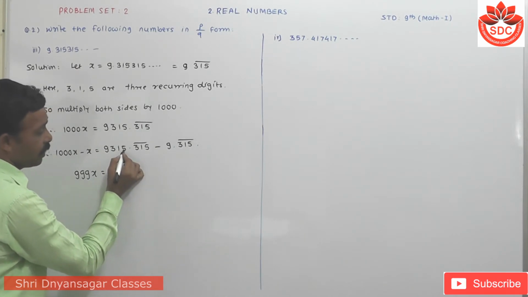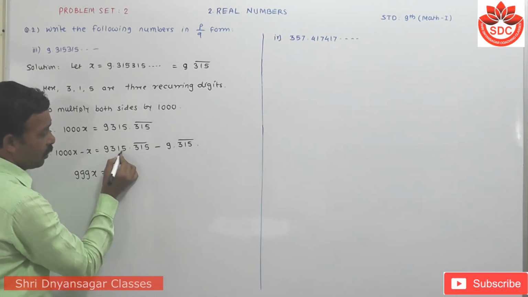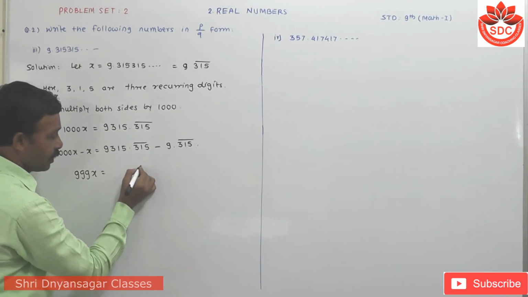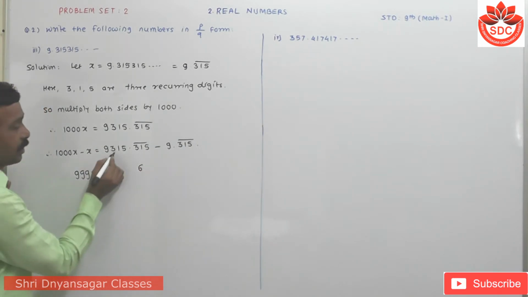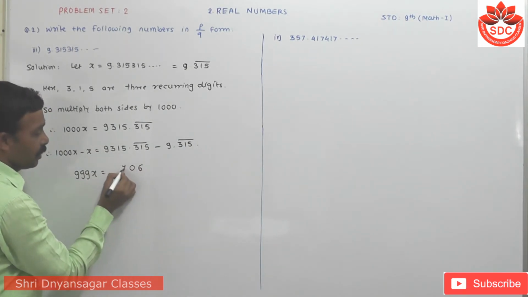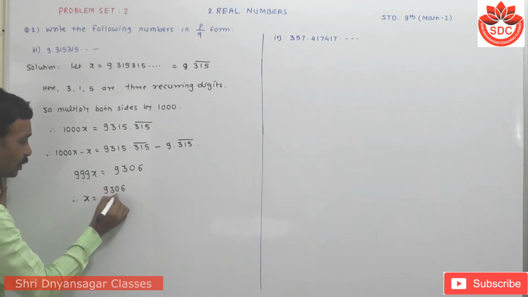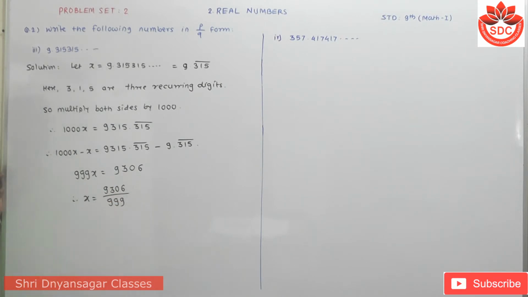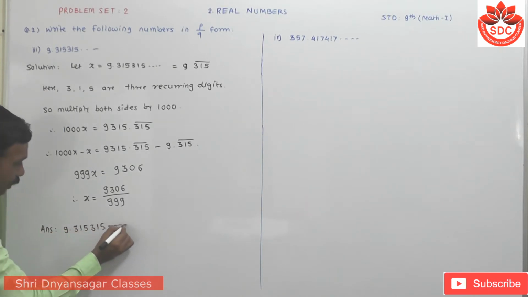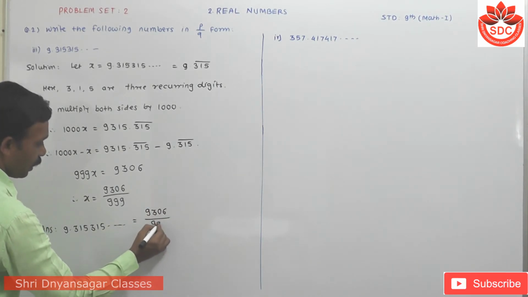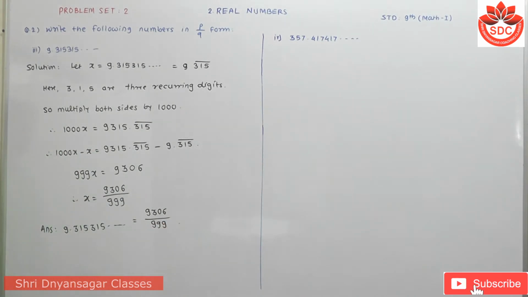Then you have to subtract this 9 from this 5, meaning 15 minus 9 becomes 6 here. Here is 0, here is 3 and 9. Therefore, x is equals to 9306 upon 999. So the p upon q form answer is 9.315315 recurring is equals to 9306 upon 999. This is p upon q form.